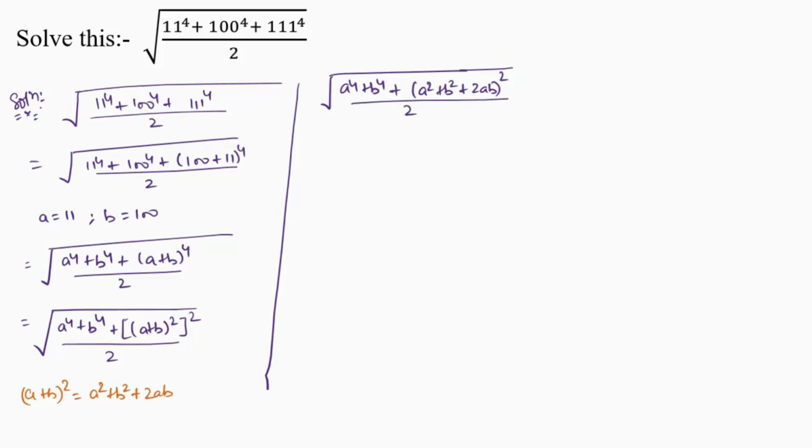Now we also know that (a plus b plus c) whole square is equal to a square plus b square plus c square plus 2ab plus 2bc plus 2ca.